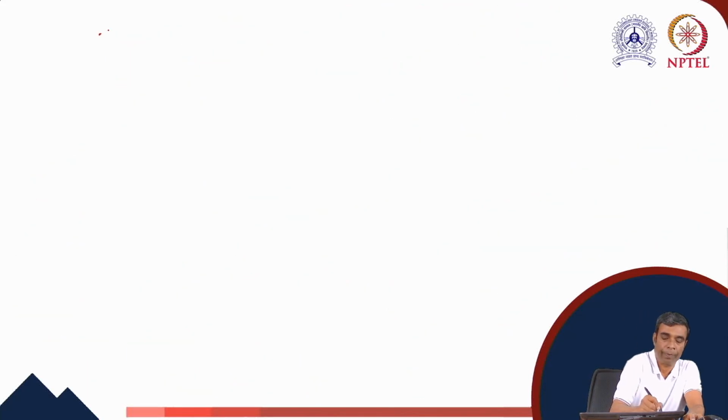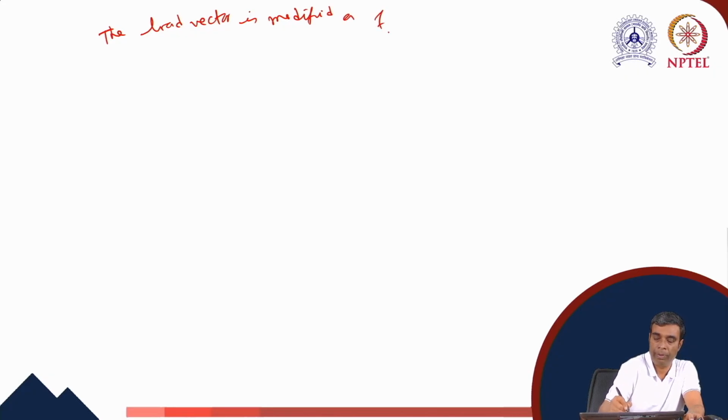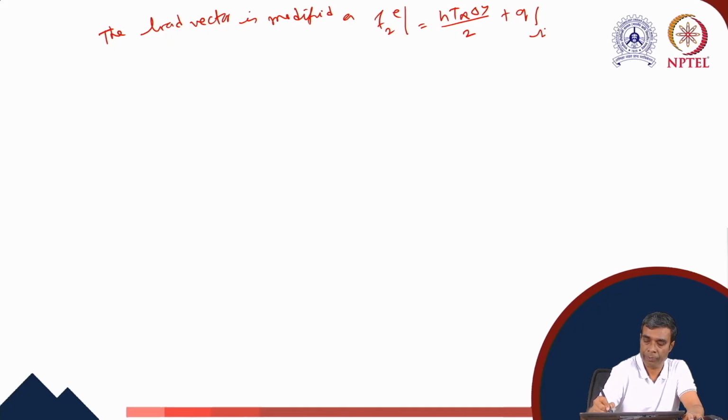So the load vector is modified as F2e convection equals h T infinity delta y by 2 plus q into integration over omega e of psi 2e d omega e. This is the source term.